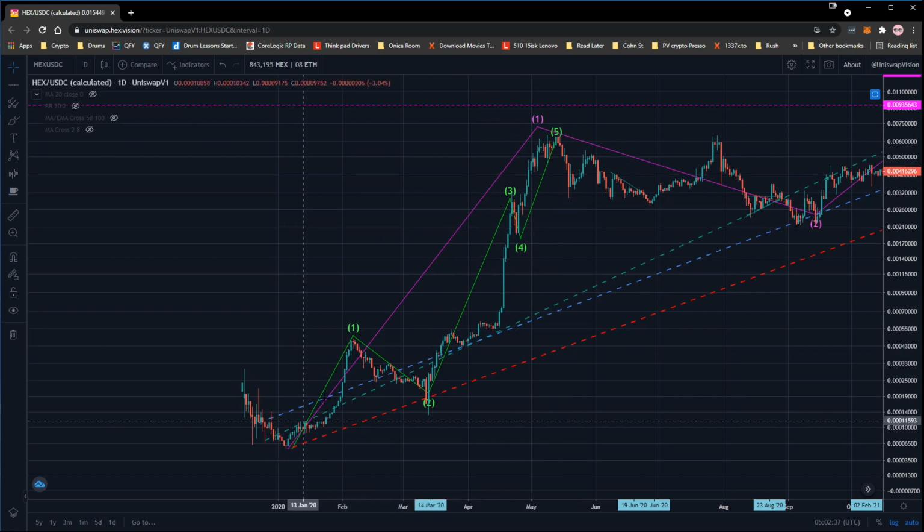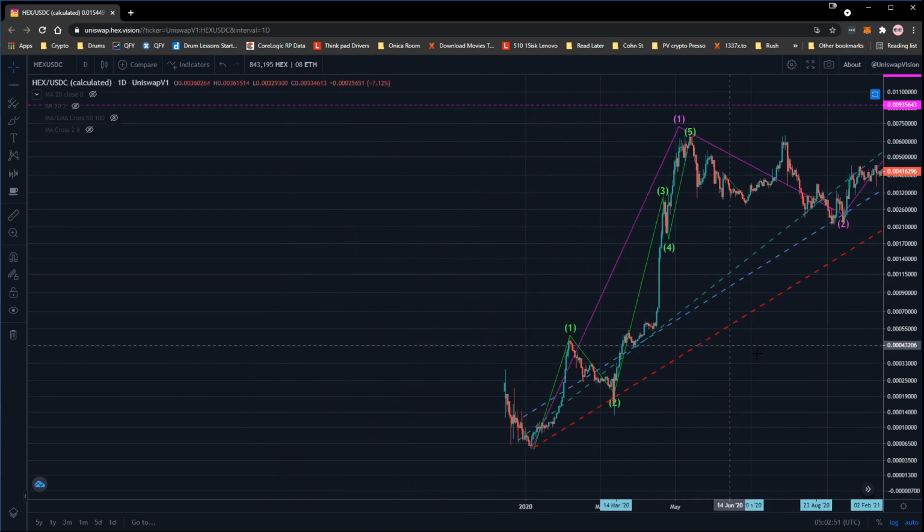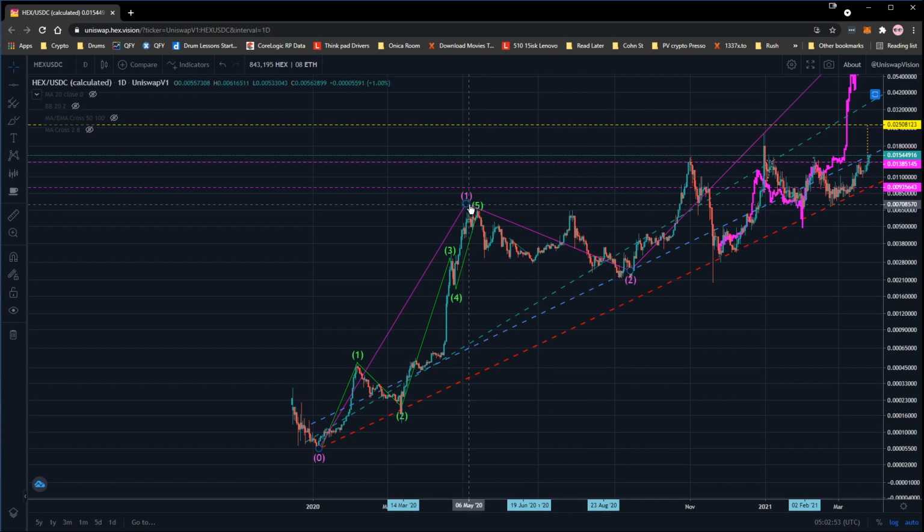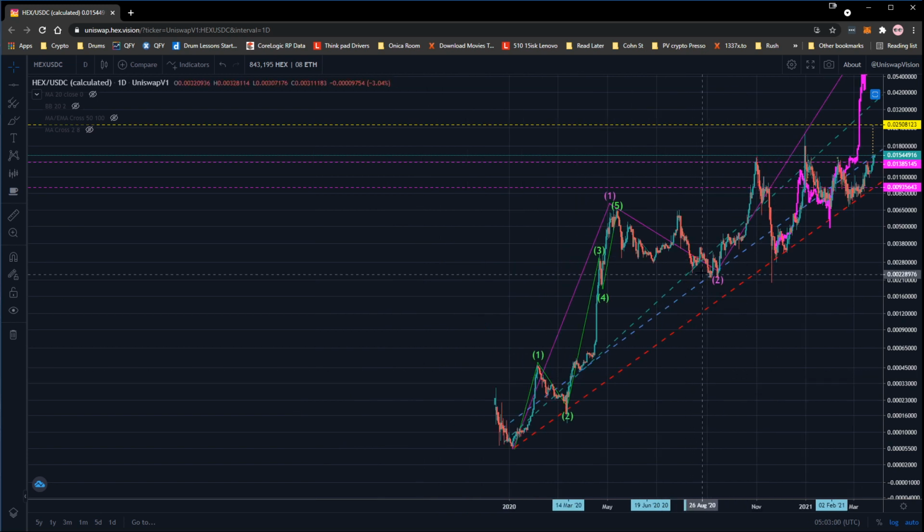So I think this first leg up was the first Elliott wave up, the full 5 points forming just the first leg up of the larger Elliott wave. And we've had our corrective wave here down to 2 in the larger Elliott wave.